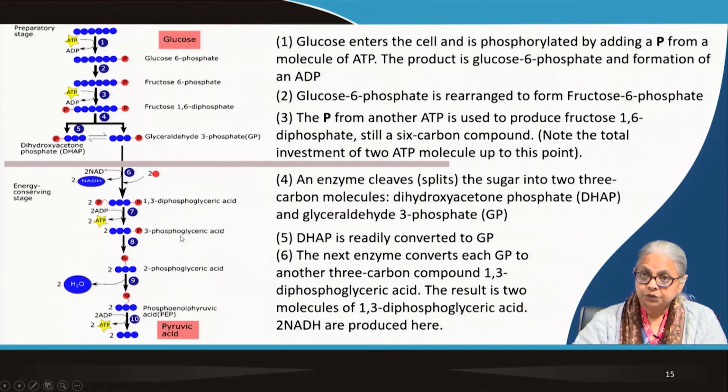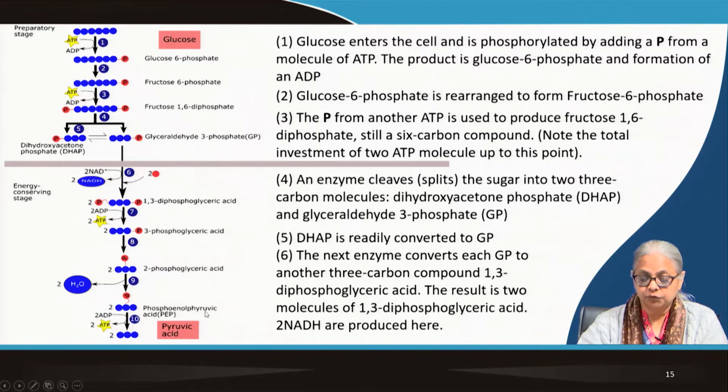There is a rearrangement of the compound with 2-phosphoglyceric acid being formed and water being generated, and in the final step we have phosphoenol pyruvic acid, PEP, which is a very important key intermediate in this entire cycle. And again, two more ADPs are used.